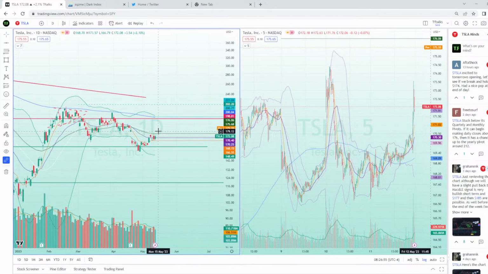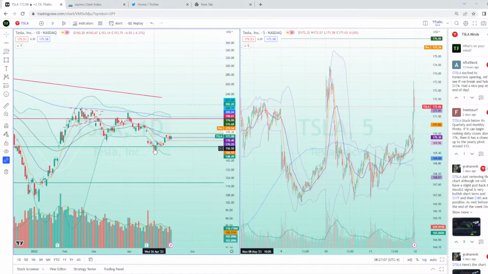So there are some significant points for Tesla. Just give me a second. Yeah, significant points for Tesla, it will be 175. After 175, for the day trader or short-term trader, you can buy Tesla and see if it can go all the way to 200, or about 199 to 201, about this level.